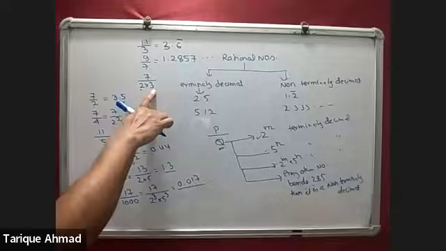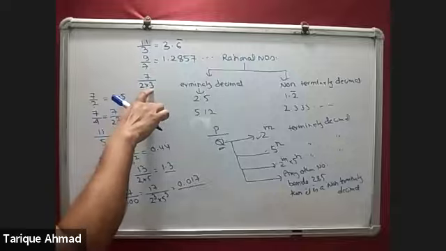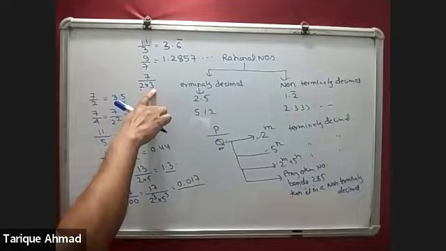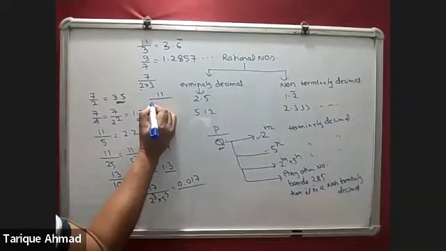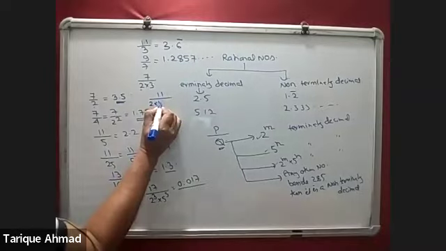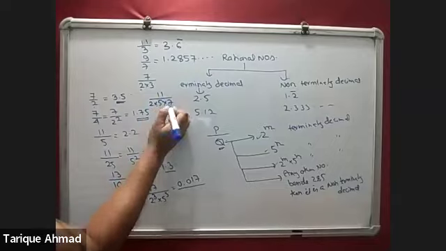See, 2 is there, but 3 is also there. So if any other number is there beside 2 and 5, it will be non-terminating. Got it? 11 by 2 into 5 into 7. This is again an example of non-terminating decimal.